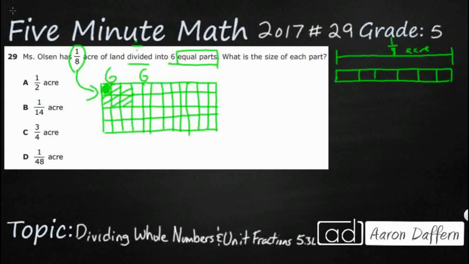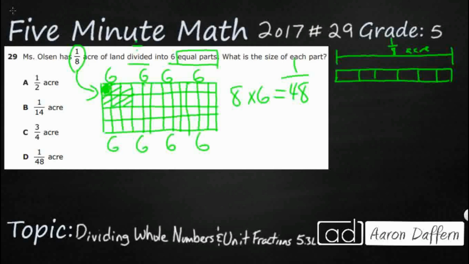I just put 6's in each of them. So what that ends up being is 8 times 6, and I took one of them. So that's a fact. We know this is 48, so there are 48 total pieces. I took one of them. So that is going to be our answer, D.